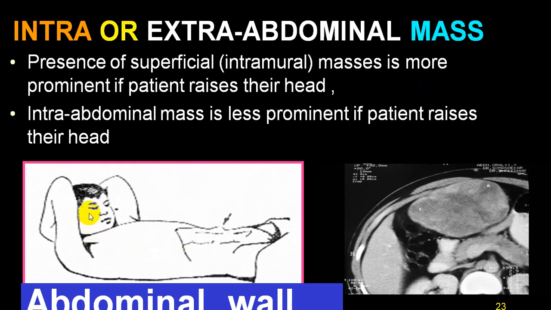We have already given an explanation on inspection: whenever you flex at the neck, the abdominal wall will contract. If it is an abdominal wall mass, or what we call an extra-abdominal mass, it will become more prominent.